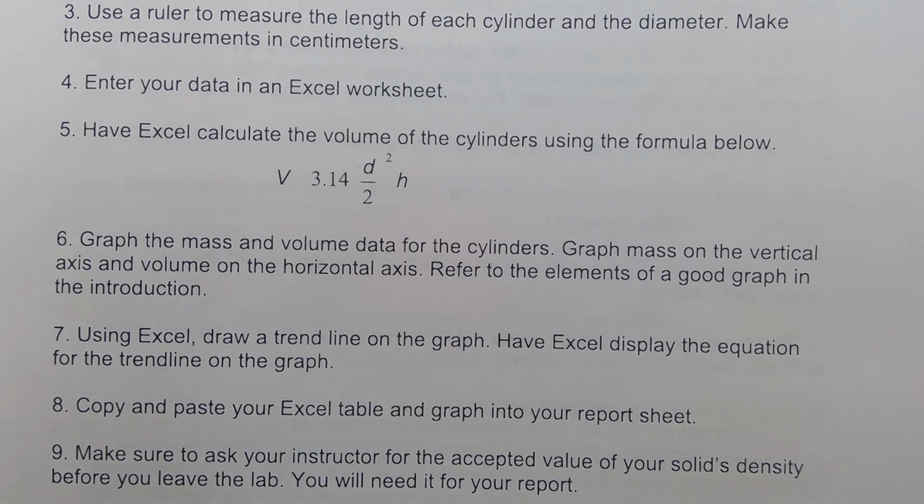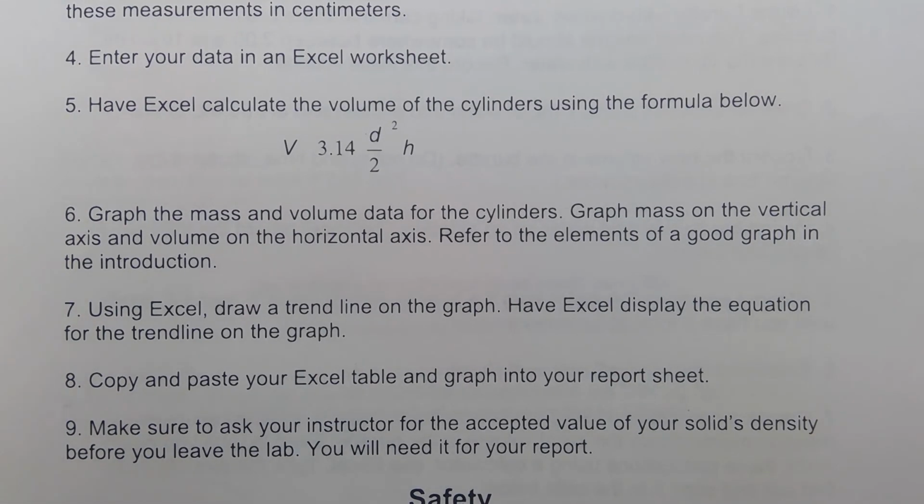So you'll make a data table with all the masses that we recorded, and then you'll make a data table of all the calculated volumes, and then you will make a graph with the mass on the vertical axis and the volume on the horizontal axis, and you'll follow the elements of a good graph that we discussed in the introduction, and then you will make sure to label your axes and have a trend line, and then make sure that it shows the equation for your trend line, and then you'll copy and paste that into your report, or do whatever your instructor asks you to do to report your data.